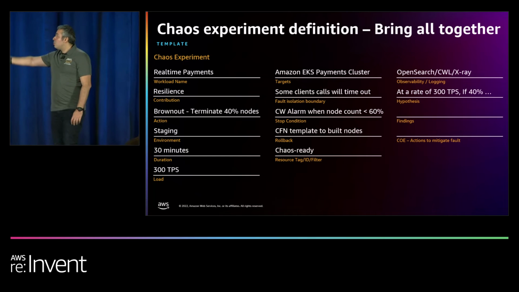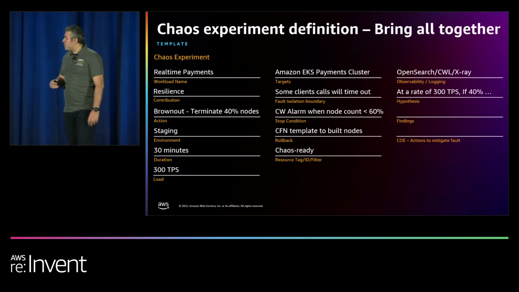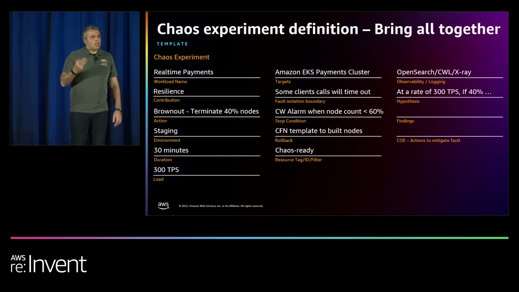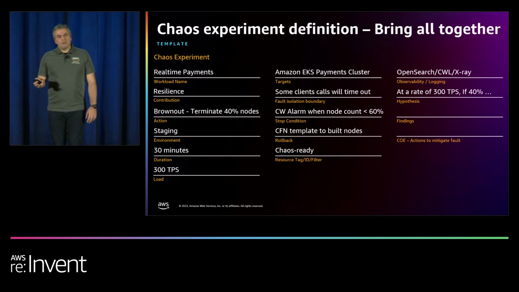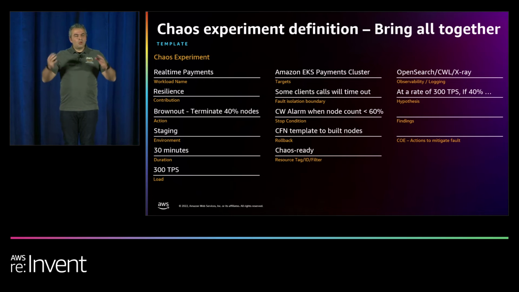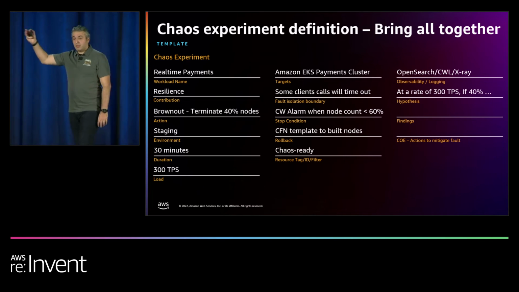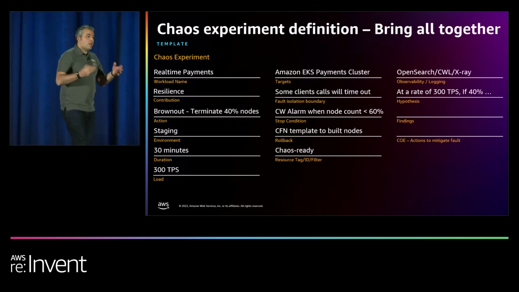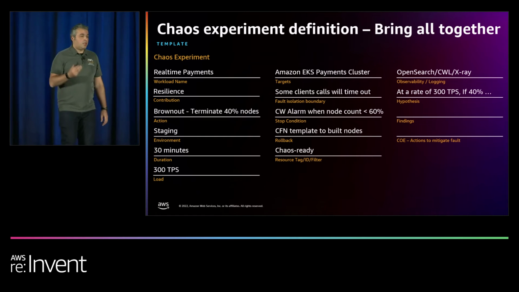You also see two empty lines there, which are the findings and the correction of error. And when we're thinking about the experiment itself, good or bad, we're always going to have an end report where we might celebrate that our system is resilient, or we might celebrate that we find something that we didn't know and just helped our organization to mitigate a large-scale event.